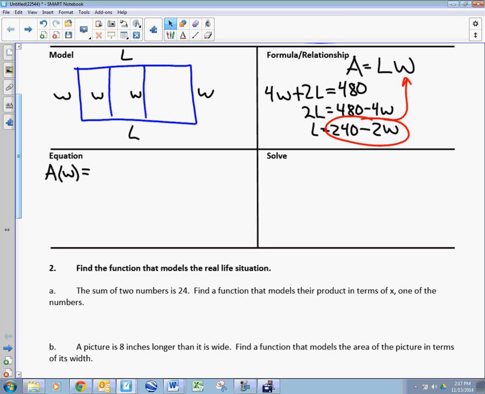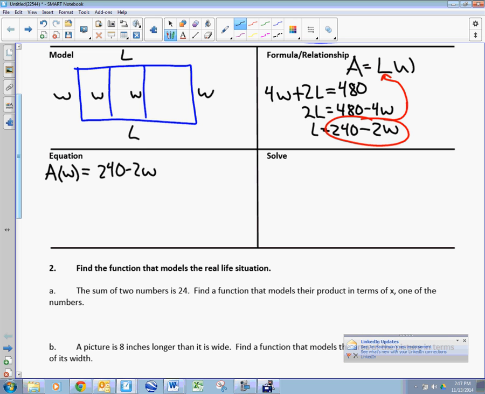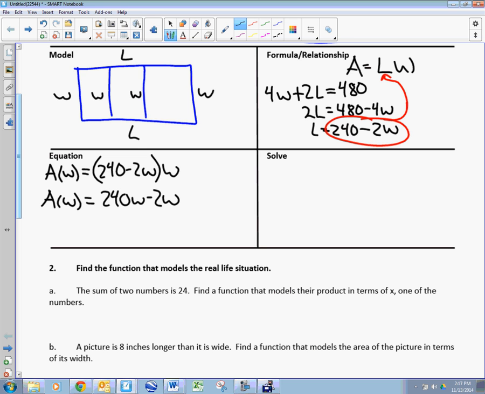Oh, I drew the arrow to the wrong spot. I'm sorry, guys. There we go. Area in terms of W, I have 240 minus 2W times W. Or area in terms of W is equal to 240W minus 2W squared. That is the equation or the function that I'm using to represent my real-world problem.